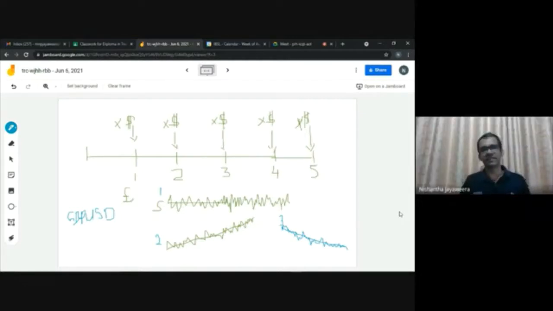On average, the exchange rate remains at the same level. There can be small ups and downs, but on average it's very stable. But in the second scenario, while going up and down, the trend is upward. In the third one, the trend is downward. So if the exchange rate was 1.6 here, here also 1.6, here also 1.6, this would be 2. This could be 1.2, something like that.